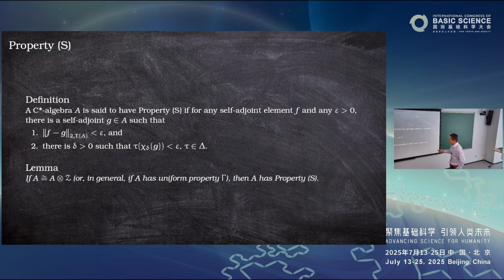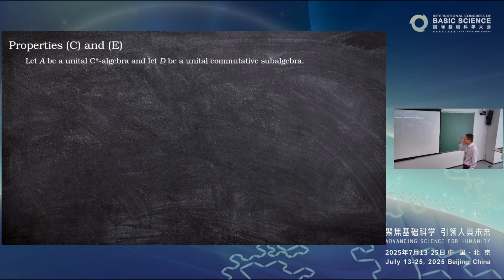So what is the fix? We introduce two more properties, and these two properties are really properties of a pair of C-star algebras. You have a C-star algebra A and a commutative subalgebra D. You do not have to assume D is a Cartan subalgebra, just any unital subalgebra.